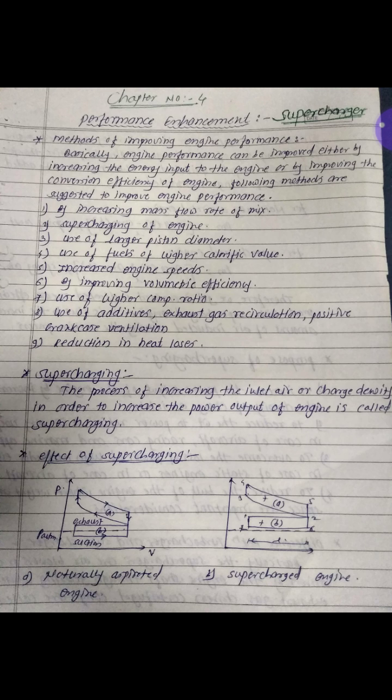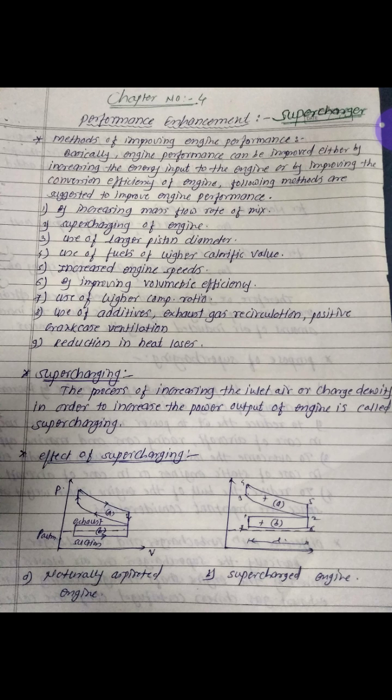We know the calorific value is the amount of heat energy liberated by the complete combustion of a unit quantity of fuel. That means if the calorific value of fuel is more, then the heat energy developed inside the engine cylinder is more, and as the heat energy is more, we get a maximum force over the piston. So with higher calorific values, we can enhance the performance of the engine.